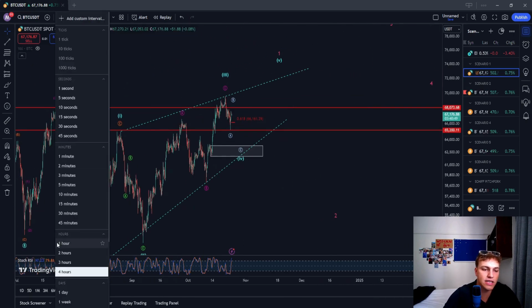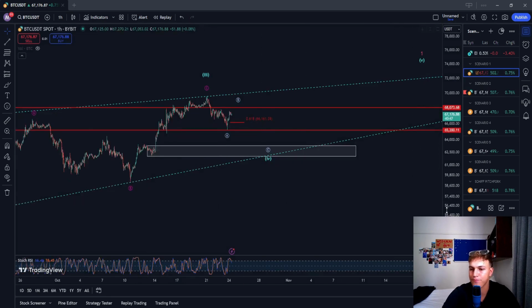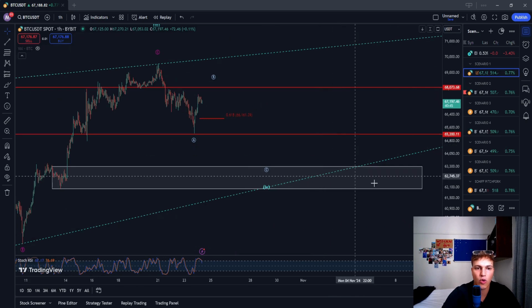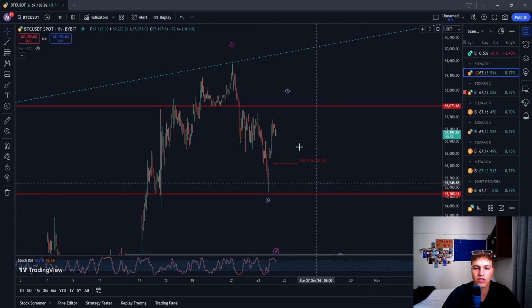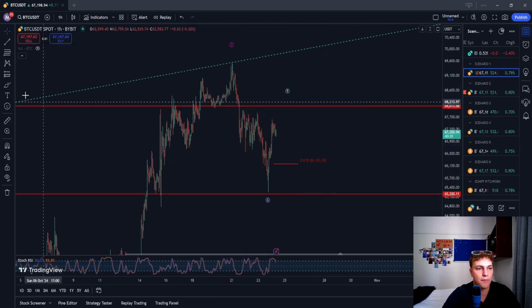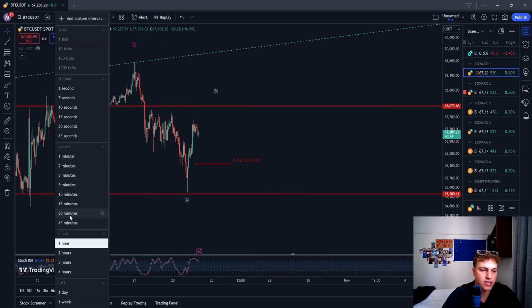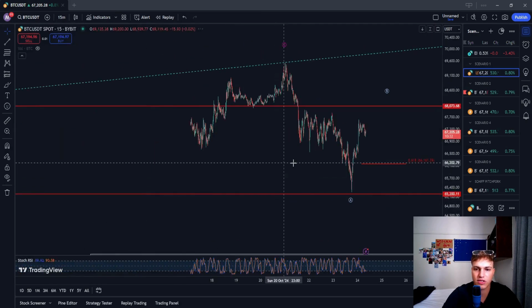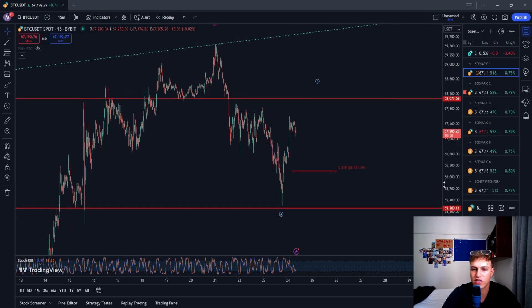If we go to the hourly time frame now, we can see that we made quite a substantial move towards the downside. This was a 6% move over the last 2 or 3 days. Let's go to the 15-minute time frame to see what structure this is.